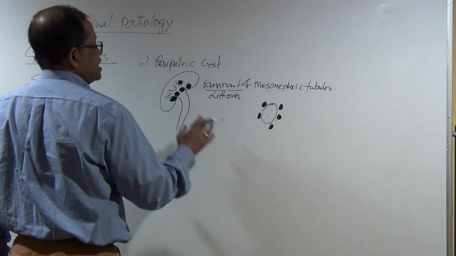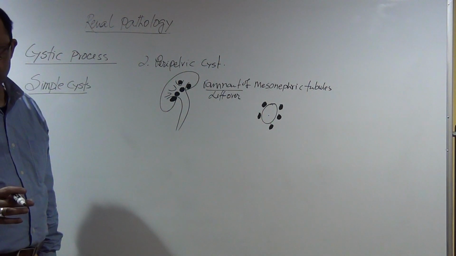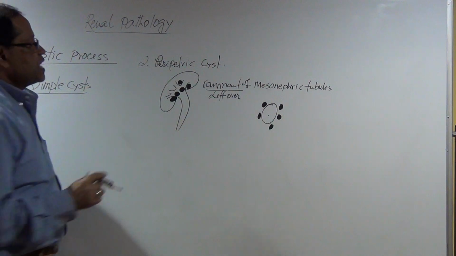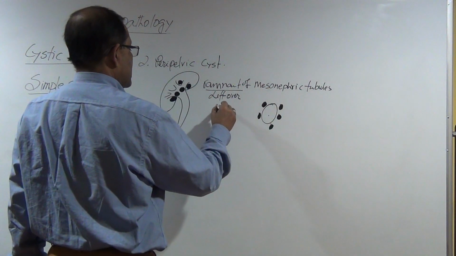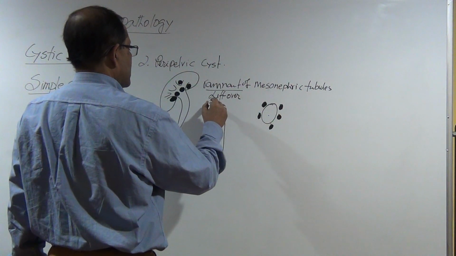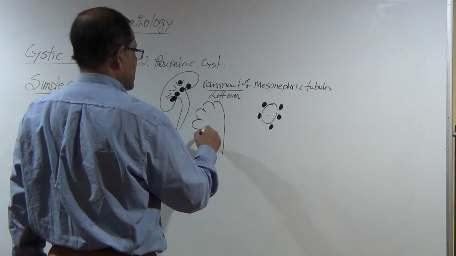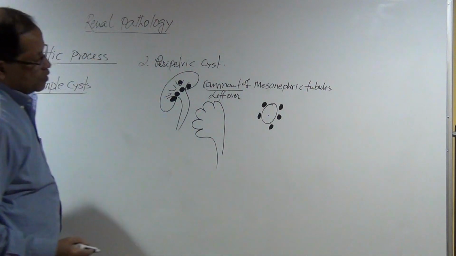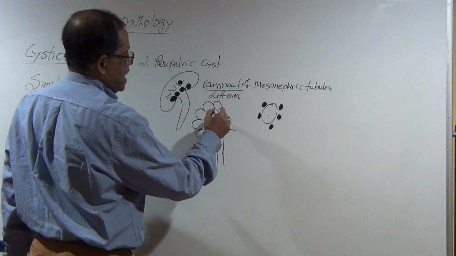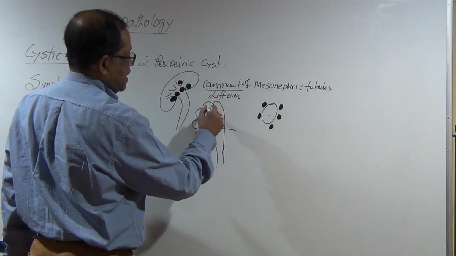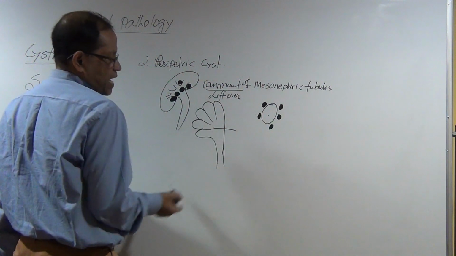How are we going to differentiate it from hydronephrosis? Because hydronephrosis is dilatation of the pelvis and the major calyx and the minor calyx.